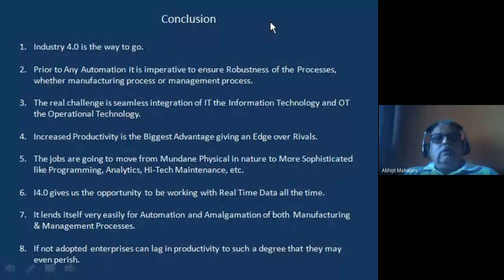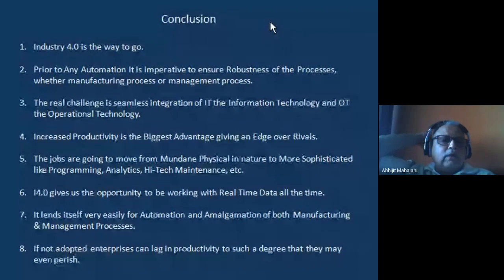Now, Industry 4.0 is a technical challenge. At the same time, Industry 4.0 is also a challenge on the other front, in that it's more of change management rather than just technology management.